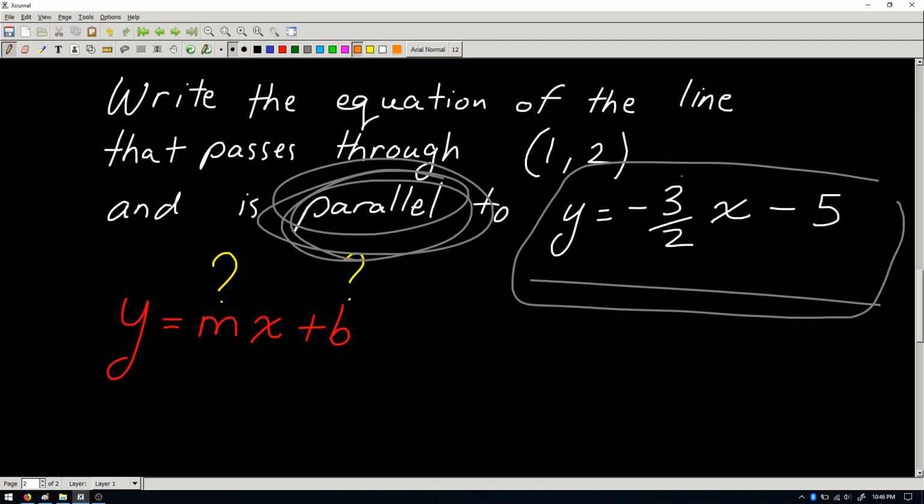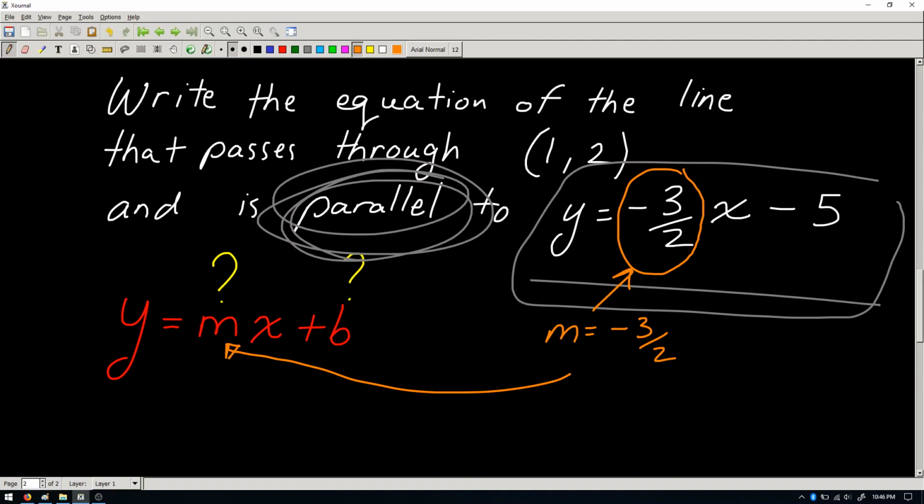The slope of the line given to you is right there: m equals negative 3 over 2. So that slope in the red equation, the equation I'm trying to find, has to be negative 3 over 2, since they're parallel.